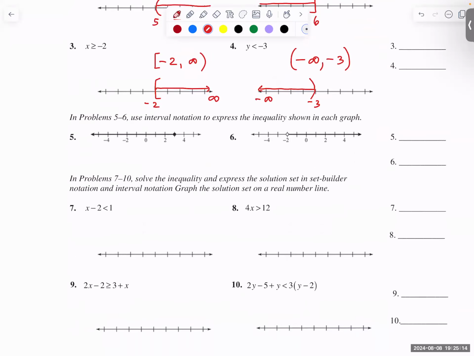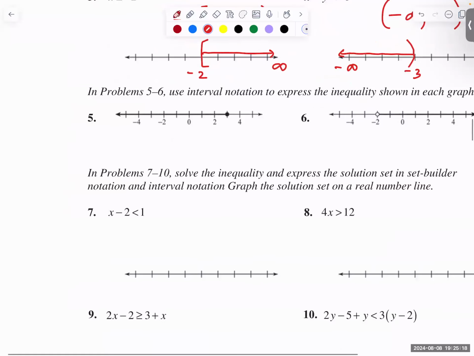Number 5, use interval notation to express the inequality shown. So there is shading to the left of +3, and the endpoint at 3 is included with a solid circle.